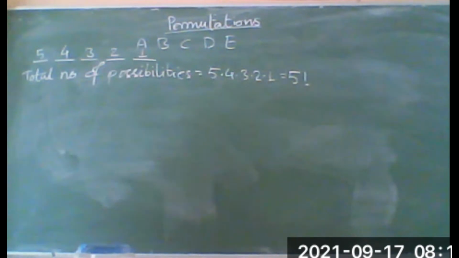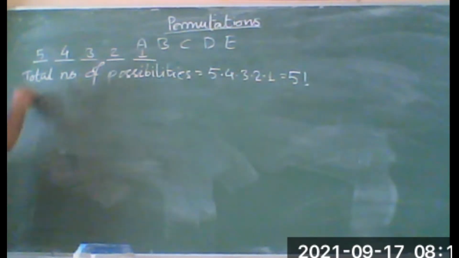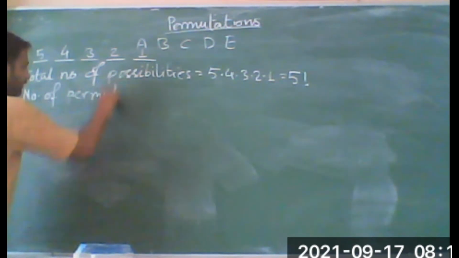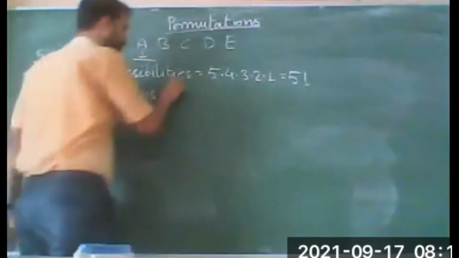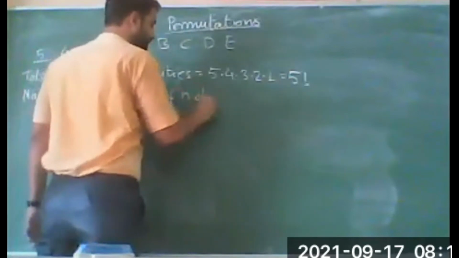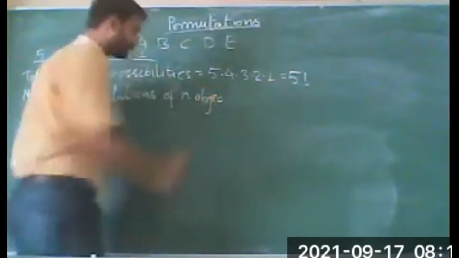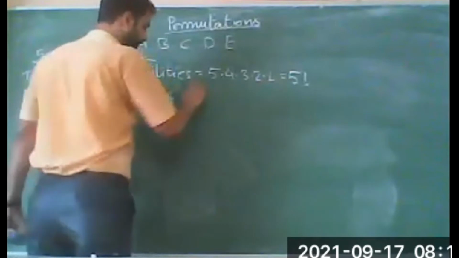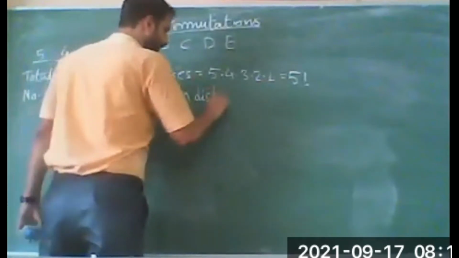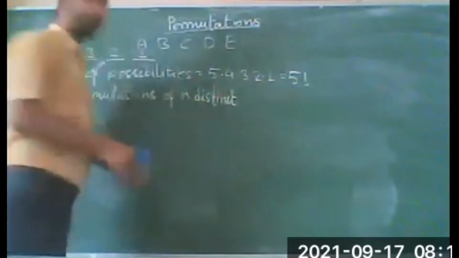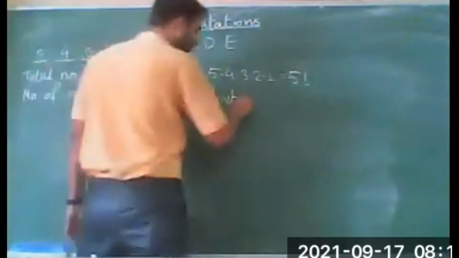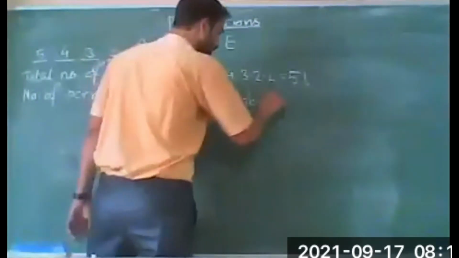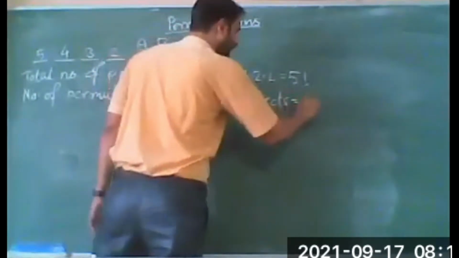So in general, we can say the number of permutations of n objects, or it's better to say n distinct objects without repetition, actually means no 2 of the objects are repeated, are the same, is equal to n factorial.